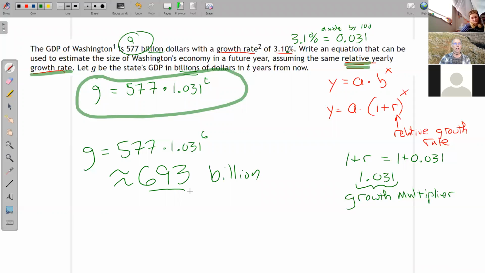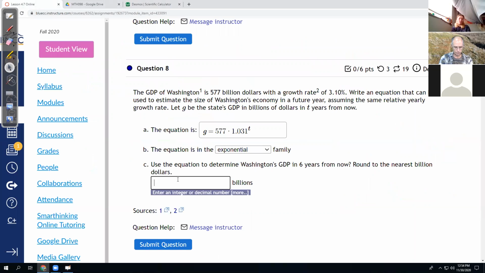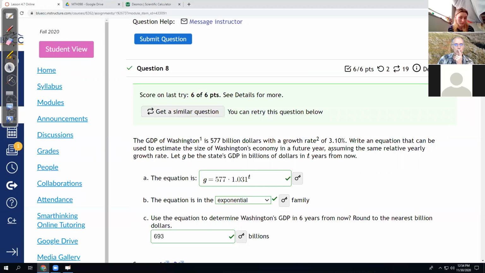That's the number I want there. So read carefully. And I think I got it. Read all the fine print. They just want me to enter an integer or a decimal, but here to the nearest whole billion. Yeah.